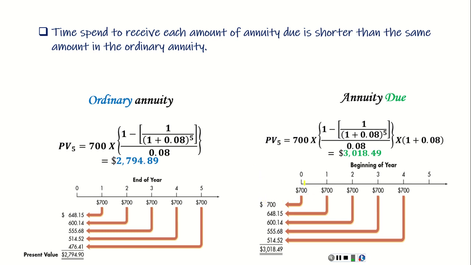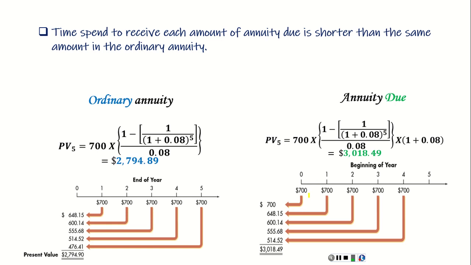The first amount of 700 in annuity due will be received sooner than the first amount received in the case of ordinary annuity. In annuity due, the first 700 is received at the beginning, the current year, but the first 700 in the case of ordinary annuity will be received after 1 year.